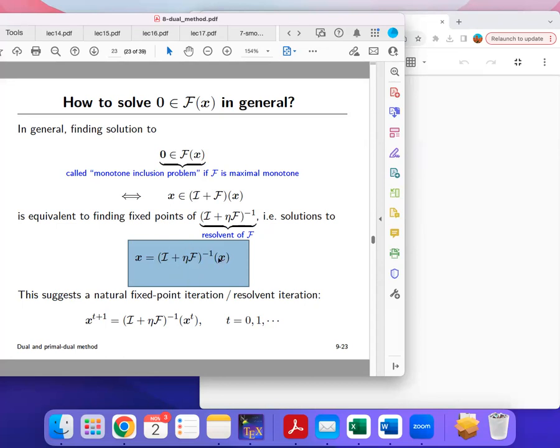So we can invert this part and then build this fixed point equation. In fact, this is exactly the proximal operator that we have seen before. So this is called the proximal point method: iteratively apply the proximal operation.